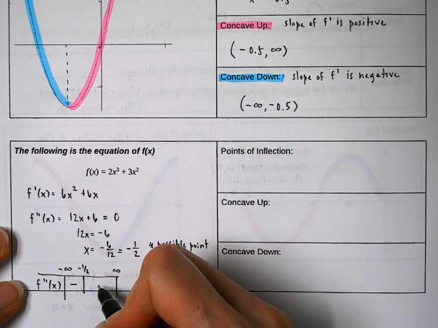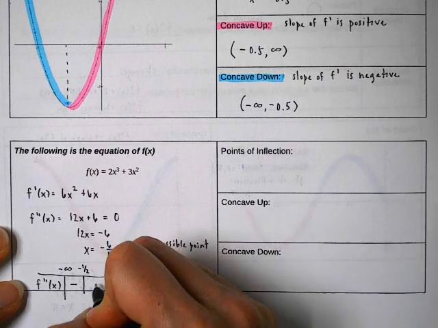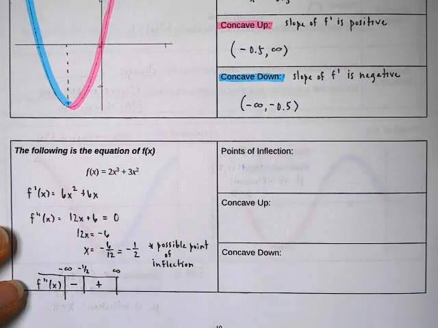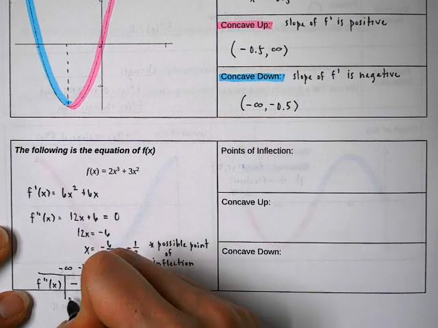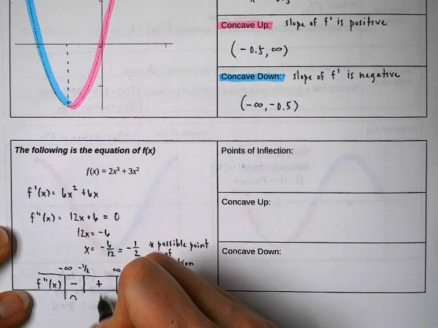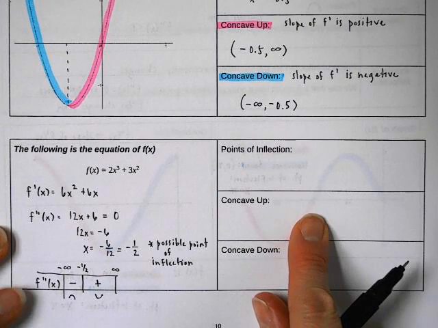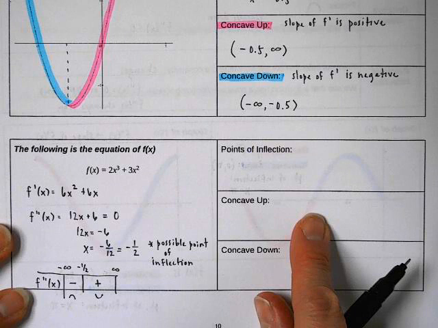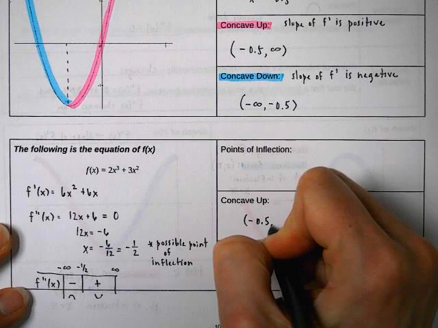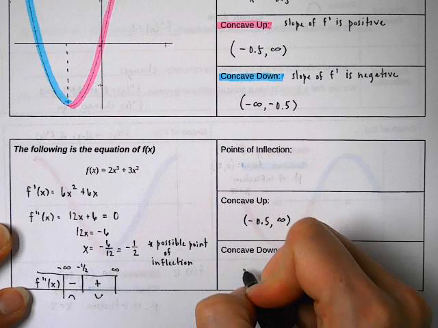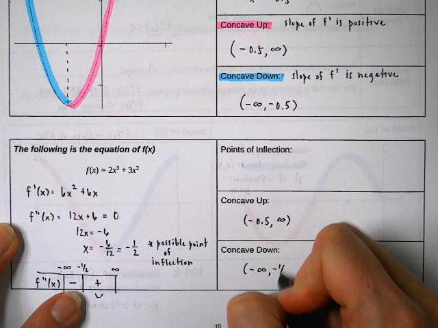If I plug in something bigger than negative 1/2, I'm going to go easy and make that 0. This is going to be positive. So I can see from my sign where f double prime of x is negative, that means I'm going to be concave down. Where it's positive, I'm going to be concave up. So now we can translate that into our interval notation. So concave up, we're going to be from negative 0.5 to infinity. Concave down is negative infinity to negative 1/2.